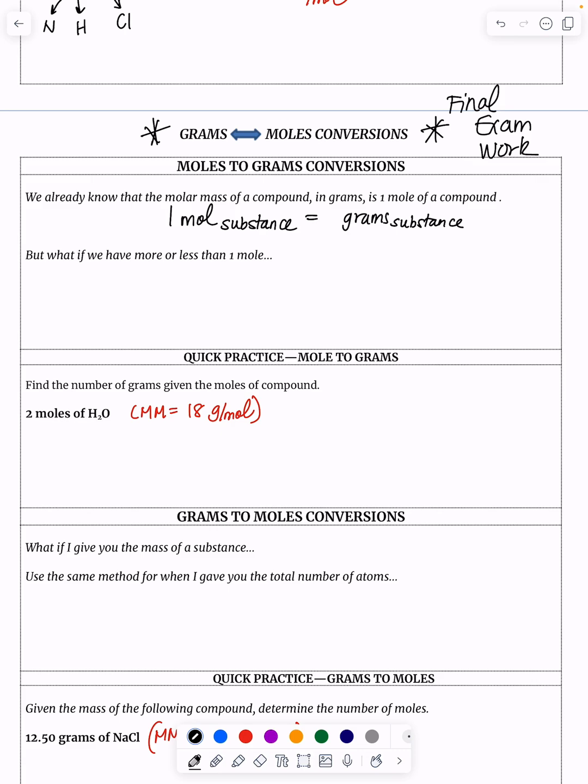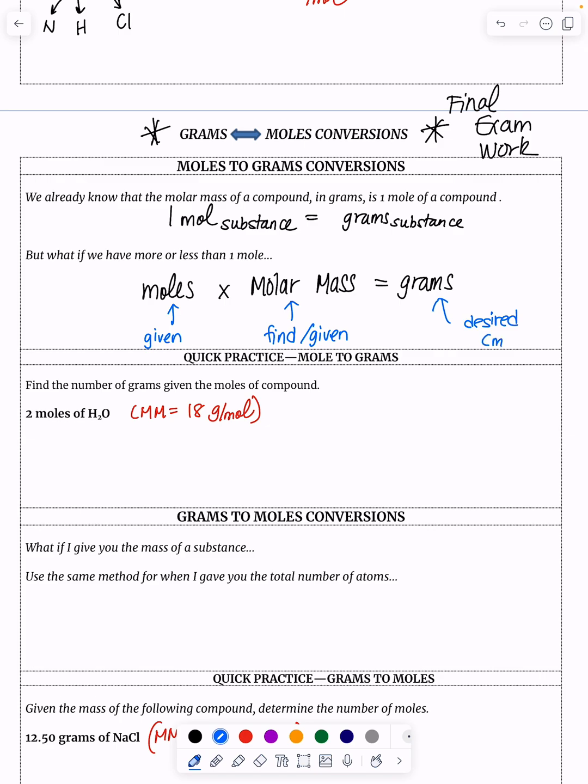Well, if I want to convert moles to grams, moles multiplied by the molar mass is going to give me grams. So if I have a question in which I'm given moles and I could find a molar mass, or also be given a molar mass, if I multiply those two together, I will get my desired answer, maybe being asked for, grams of mass.